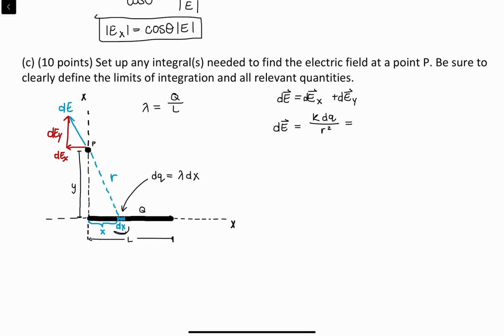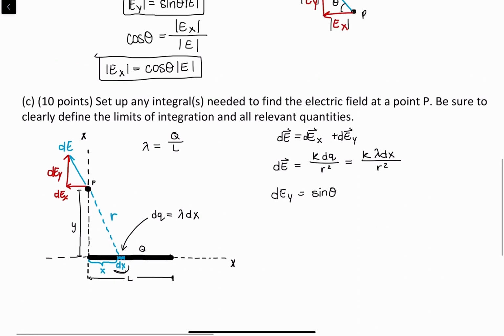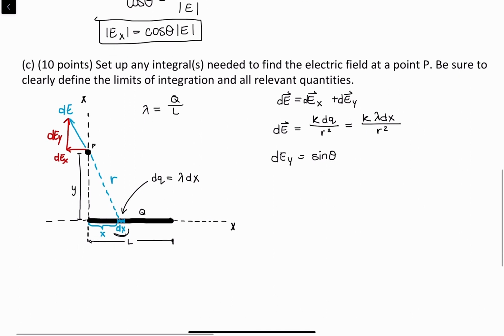We also can say that dq is lambda times dx over R squared. Now that we have that, we can find dEy and dEx. So dEy will be equal to sine theta, because of this equation here, sine theta times k lambda dx over R squared.